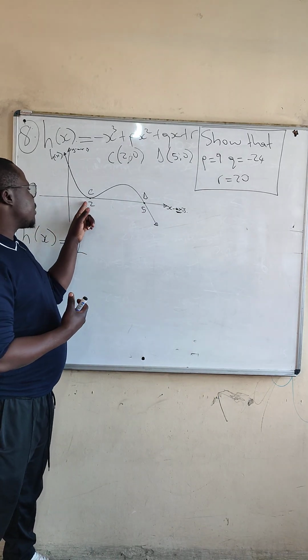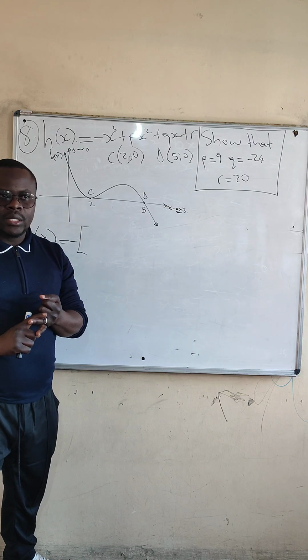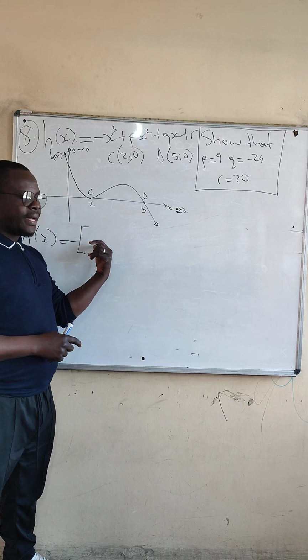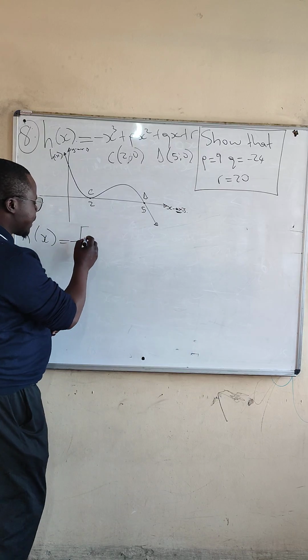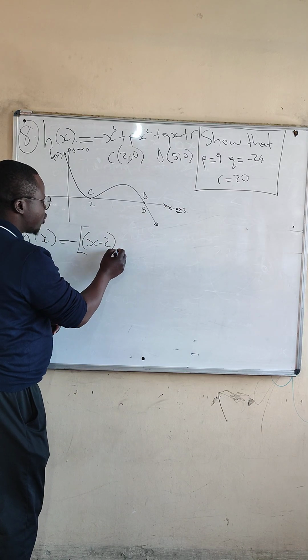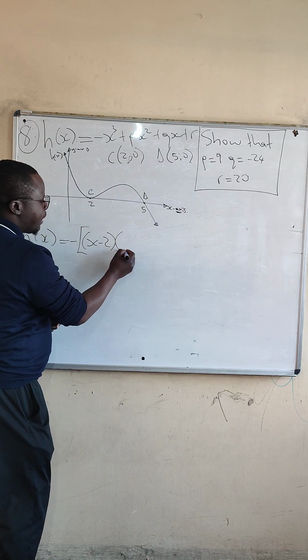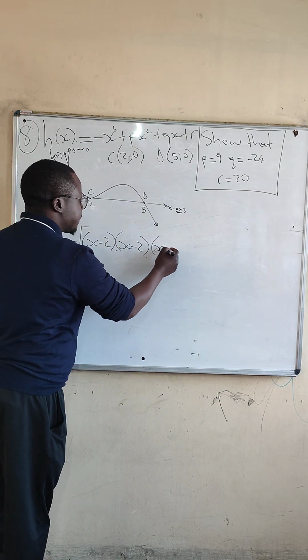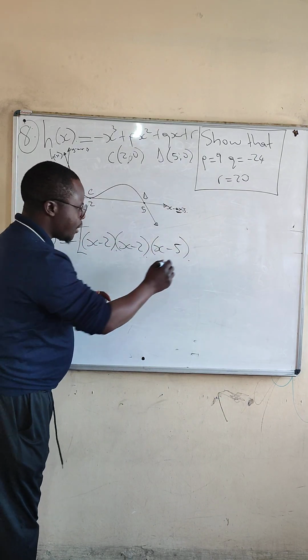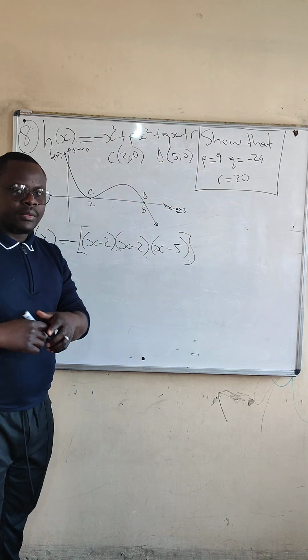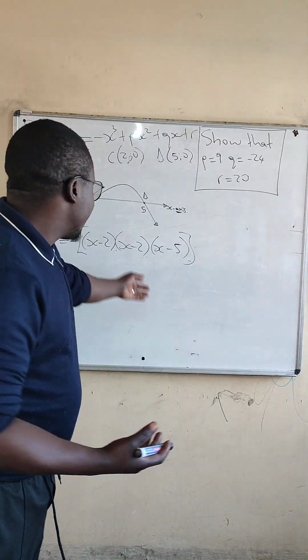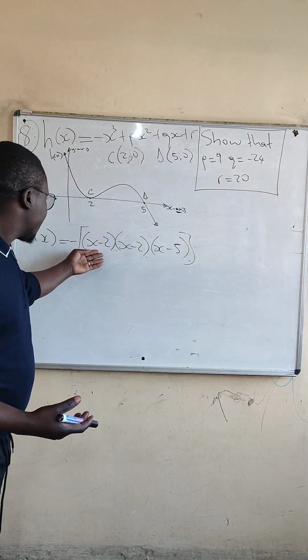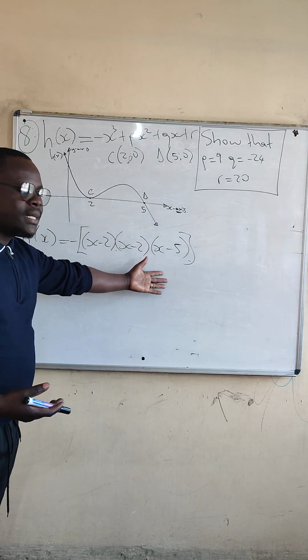Why? Because it's both a factor and a turning point. So when you put it on the x-intercepts, it's going to be x minus 2. You change the sign here. Again, another x minus 2. Then this one will be x minus 5. So this is the starting point. Understanding you have a double intercept here, you put it double, and you have another intercept here.